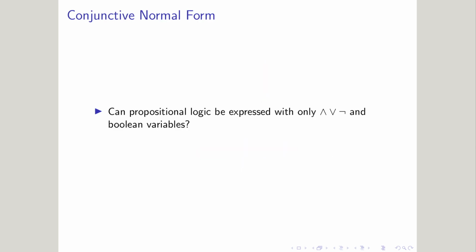Now, conjunctive normal form. So let me get down to what is conjunctive normal form. We want, again, variables. We can have our Boolean variables, but we only want to use and, or, and not.